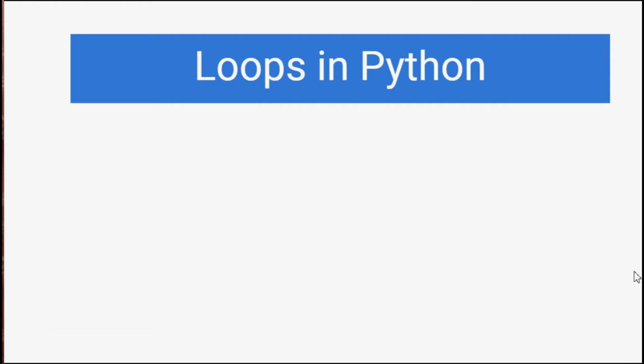So till now we have discussed the conditional constructs available in Python, but there was a problem with them: if we want to execute the same statements a number of times, we cannot do that. Conditional constructs execute a set of statements based on some condition, but they execute them only once.